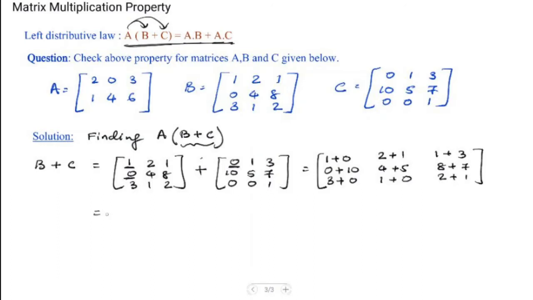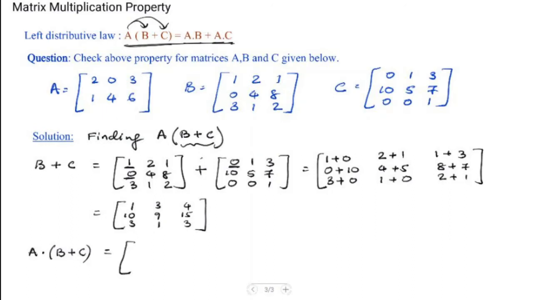Now we add all of that, we get here 1 plus 0 is 1, then 0 plus 10 is 10, and 3 plus 0 is 3, and then here we have 2 plus 1, 3, 9, 1, then we have 4, 15, 3. So that's B plus C now, and what we have to do now is multiply A times (B plus C).